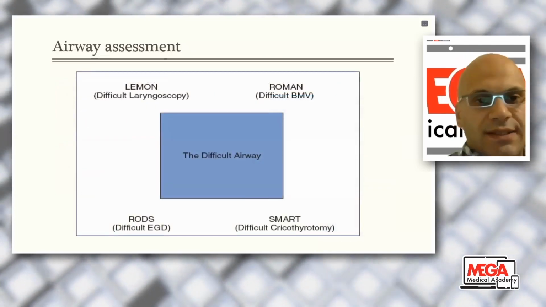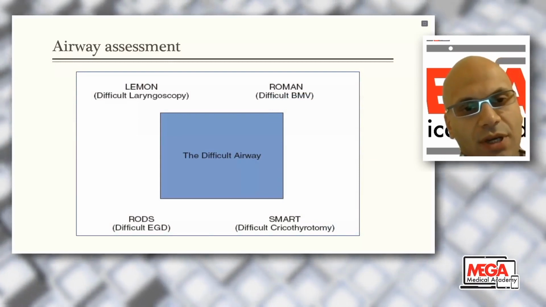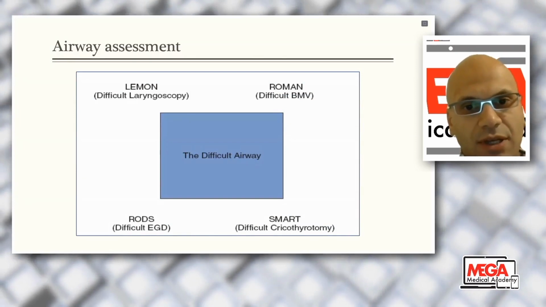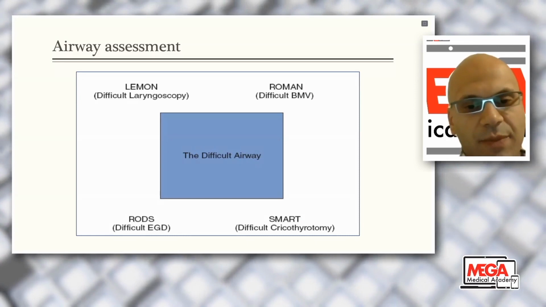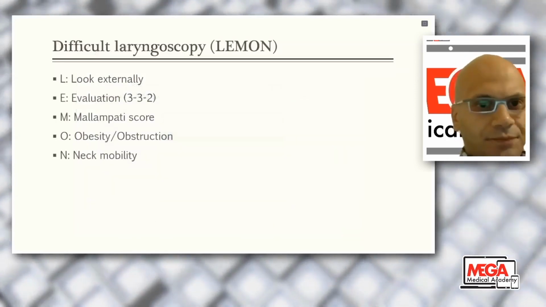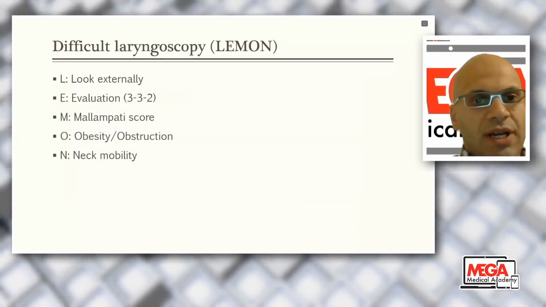So in terms of airway assessment, there are some useful mnemonics to assess difficult laryngoscopy, difficult bimanual mask ventilation, difficult LMA insertion, and difficult cricothyroidotomy. For difficult laryngoscopy, we can usually use the LEMON score.